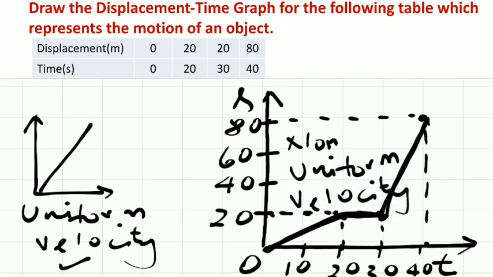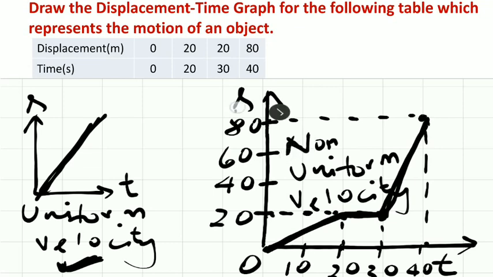So when the displacement time graph is a straight line, then the velocity is uniform velocity and the motion is uniform motion. And when the graph is not a straight line, it is varying from the straight line, then the velocity will be non-uniform velocity.